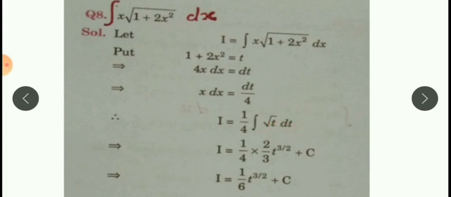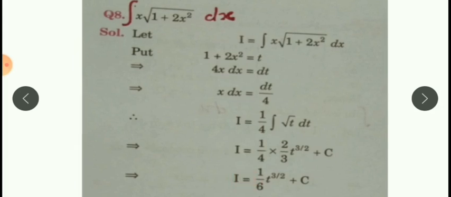Using the formula integration x raised to n is equal to x raised to n plus 1 upon n plus 1, I is equal to 1 upon 4 into 2 upon 3 t raised to 3 by 2 plus c. I is equal to 1 upon 6 t raised to 3 by 2 plus c, where c is constant of integration.